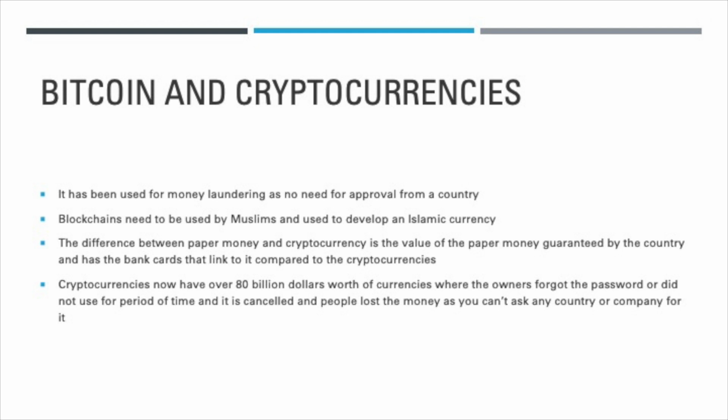That's linked. For the cryptocurrency, there is nothing. There is no bank that is holding the cryptocurrency, and there is no card linked to that cryptocurrency. So you cannot know that there is a proper value, and that it's backed up.